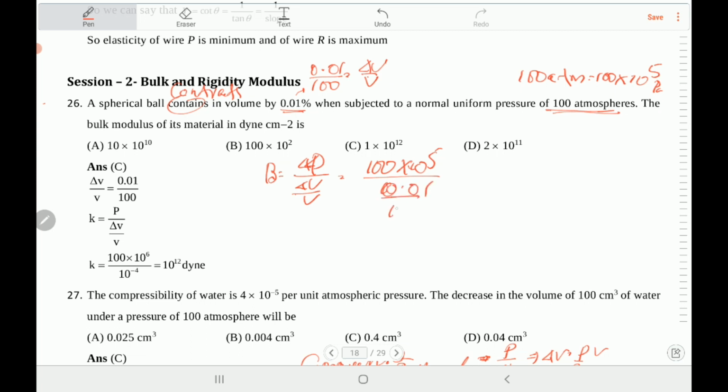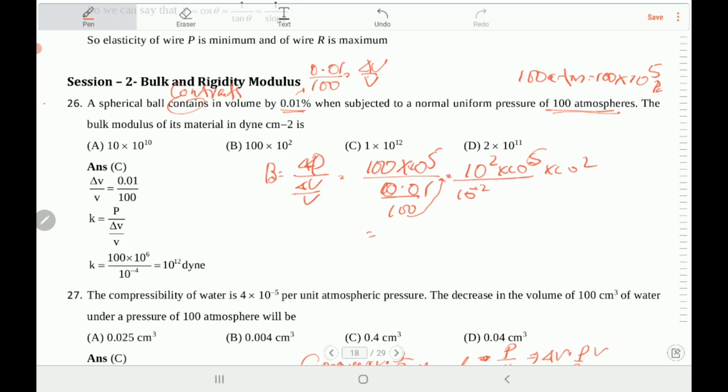0.01 divided by 100. So I write this as 100 × 10^5 over 0.01 by 100. In the denominator there is 10^-2, and this 100 comes to the numerator, becoming 10^+2.